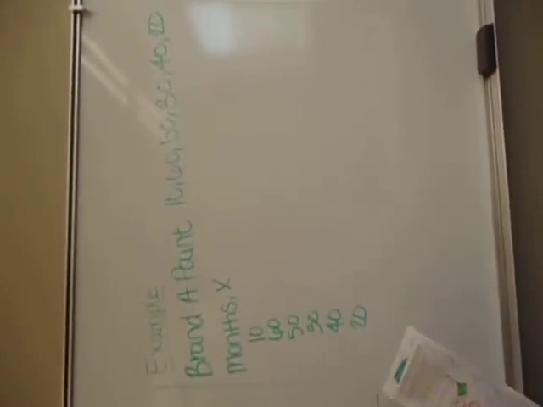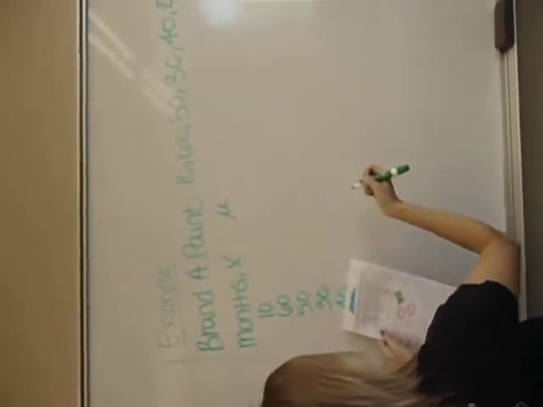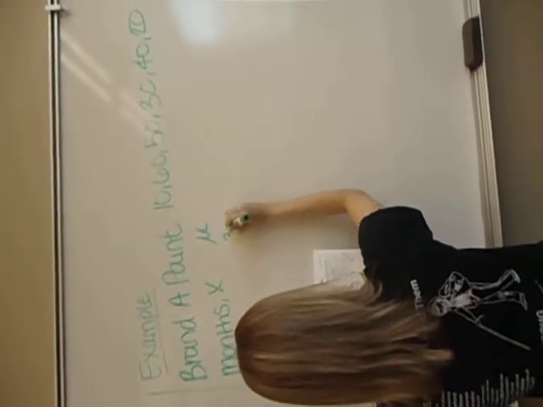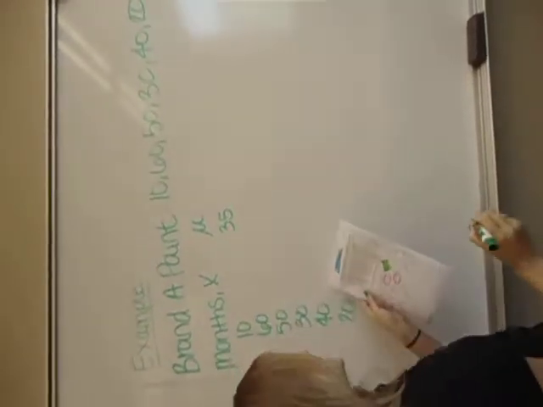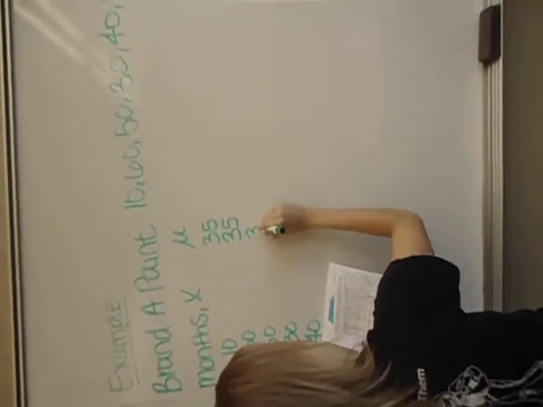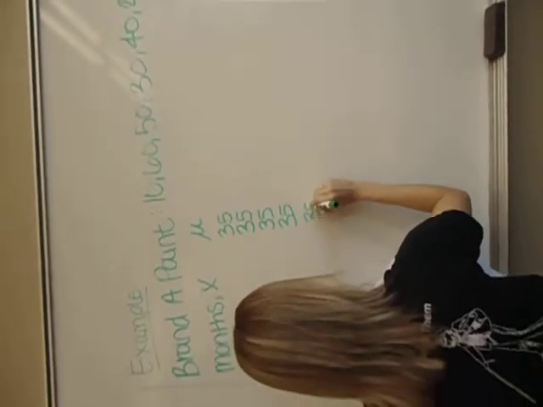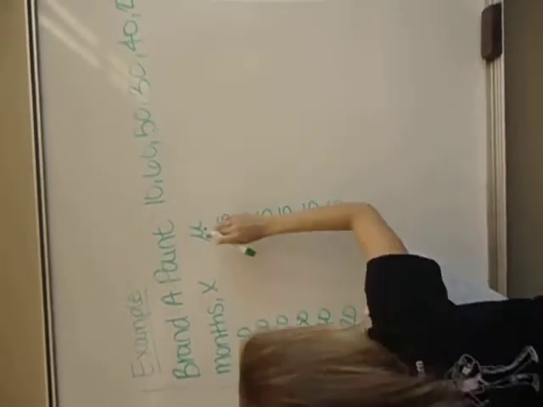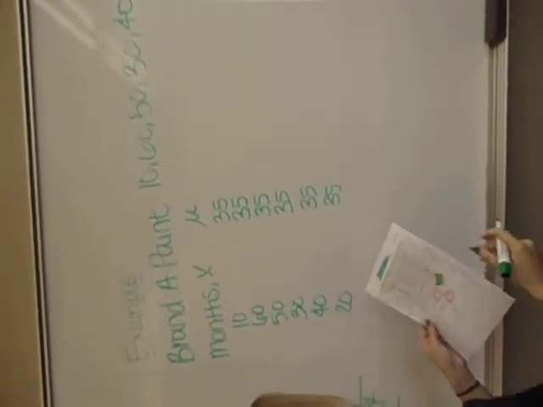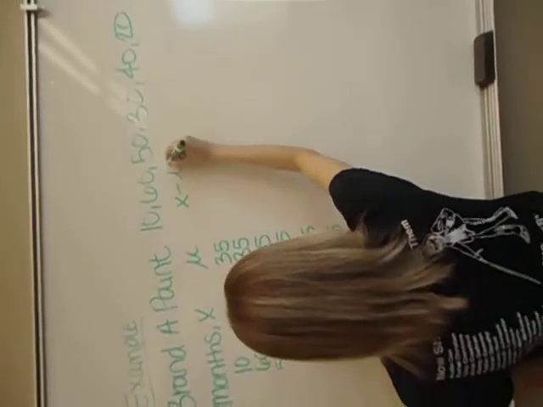Our next column, we are going to have 35, because that is the mean. And we will get the mean later on to show how to plug this in. This is what the little mu stands for, the mean. Our next column is going to be the variable minus the mean.